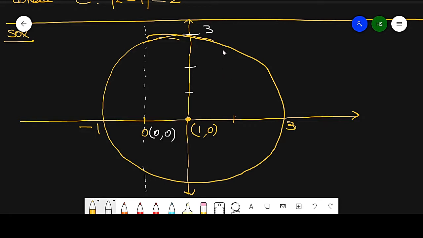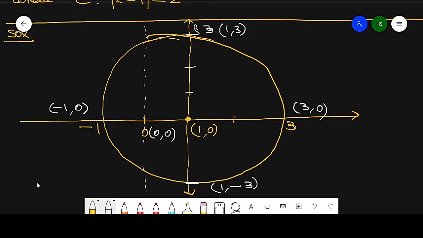This point is (1, 3), this point is (minus 1, 0), this is (3, 0), and this point is (1, minus 3). So this is my closed contour, and this is our region.